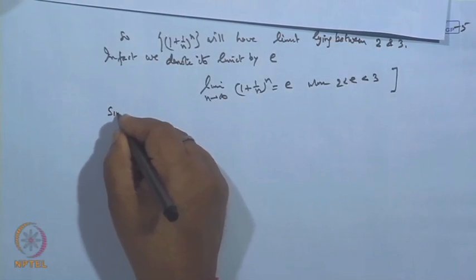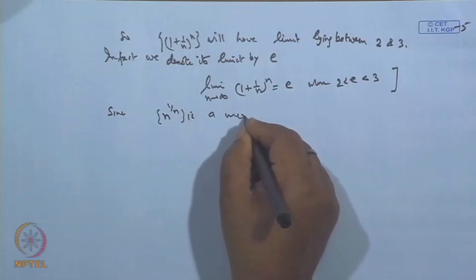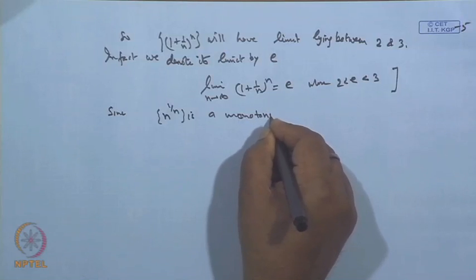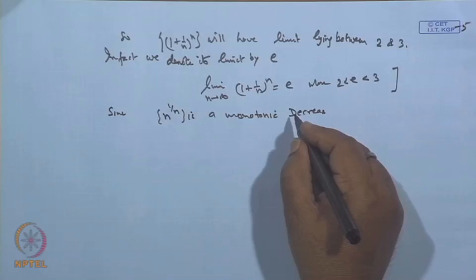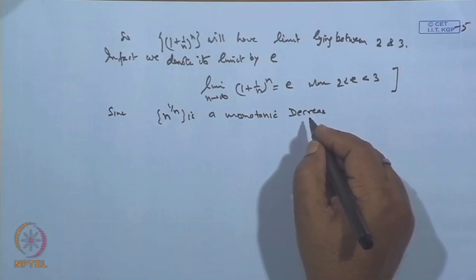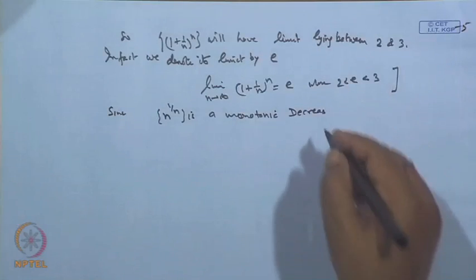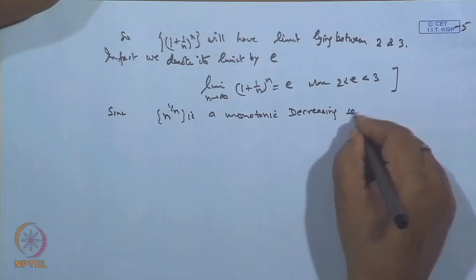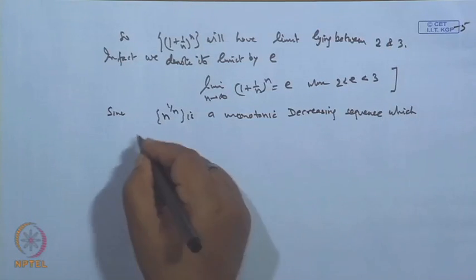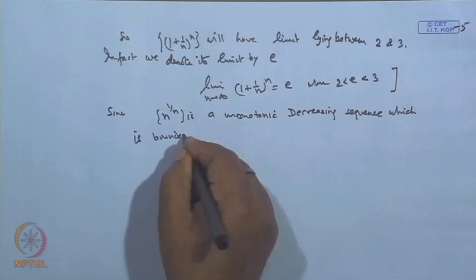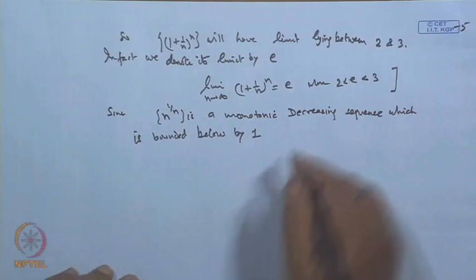So now, since n to the power 1 by n is a monotonic decreasing sequence, which is bounded below by 1, is it not?